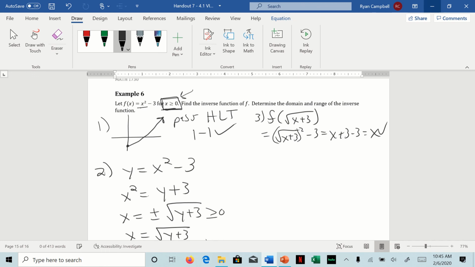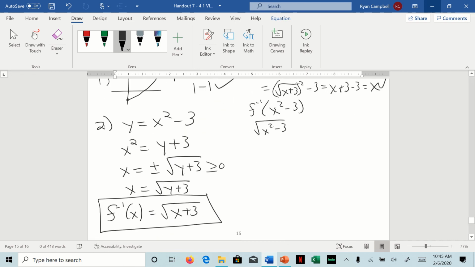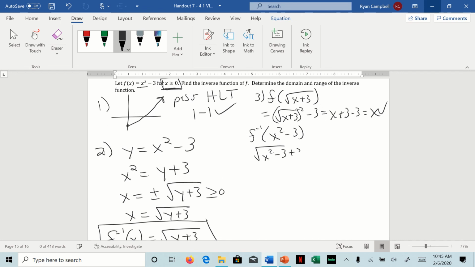And if we switch it around, the inverse into x squared minus 3, we get the square root of x squared minus 3 plus 3. That cancels, so we get the square root of x squared, which is just x. Same thing.